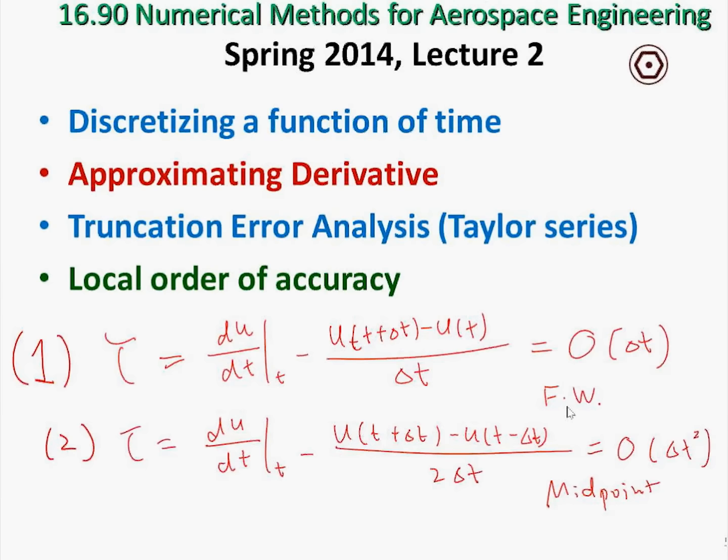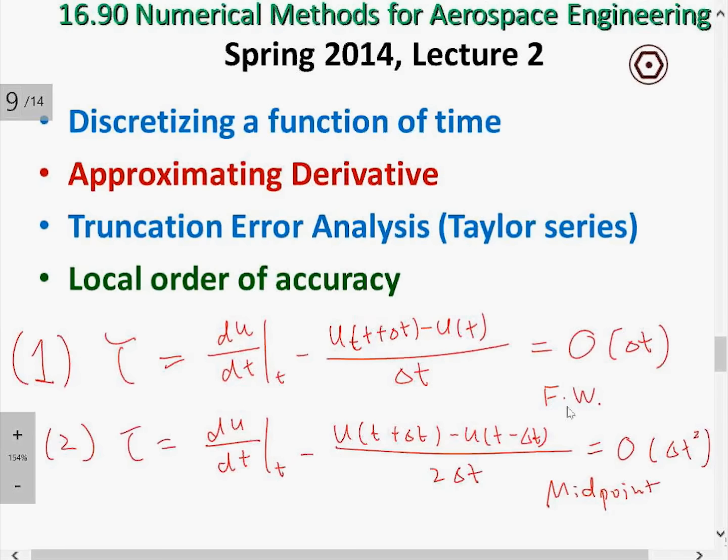Usually, the higher the order is, the better the scheme is. Why? Because you can make the scheme more accurate by only decreasing delta t a little bit, right? We just did the analysis of forward Euler.